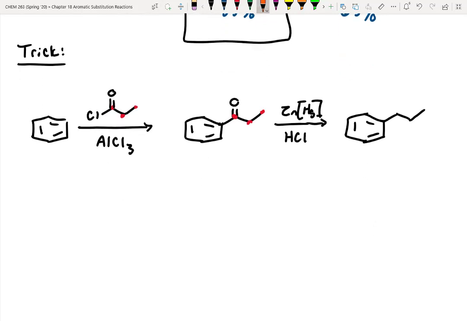The one downfall to this is that it requires strong acid. Meaning that this won't work if you've got some sort of acid-sensitive functional group in your starting material.